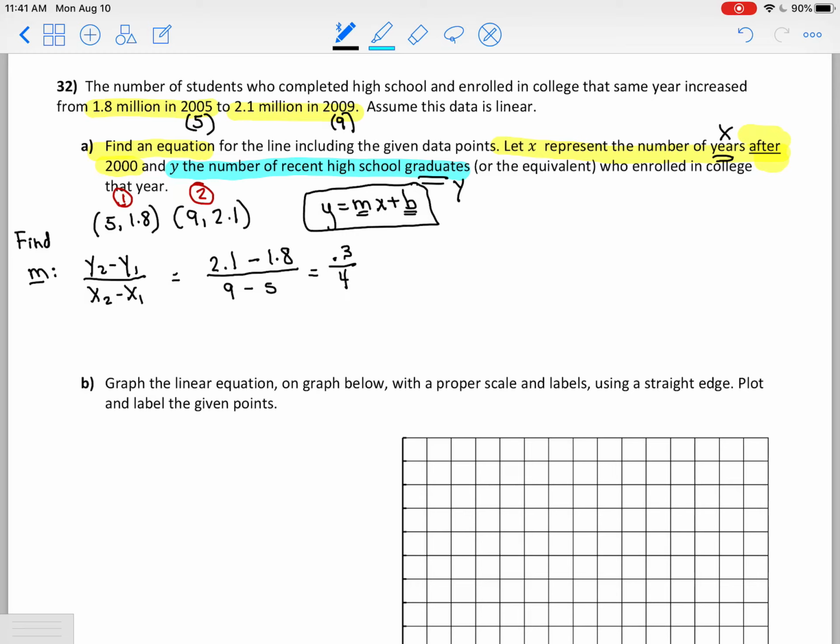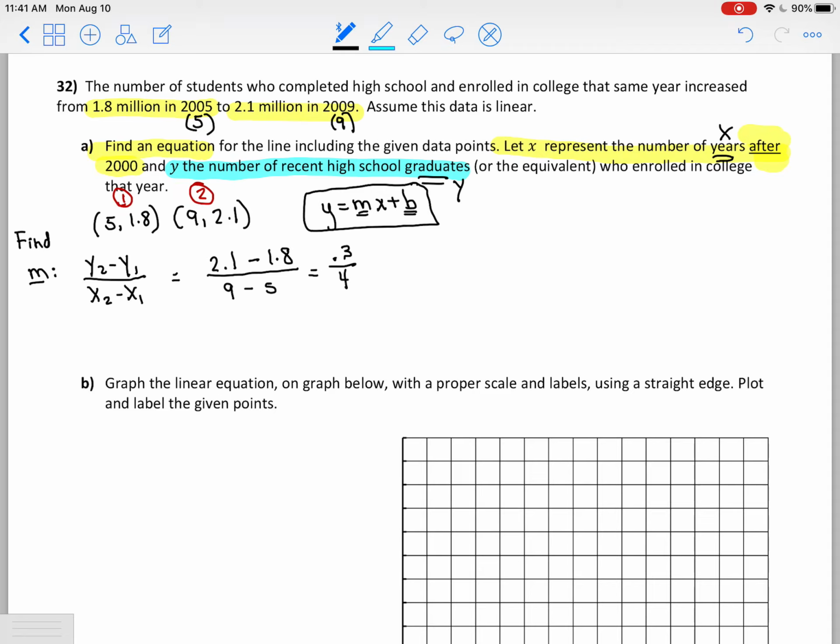Now, that's not a nice round number. It is not an integer, and I want you guys to know that that's okay. A lot of times in our application problems, we're not going to have a nice rounded number to work with, and that's okay. I want you to feel comfortable with that.